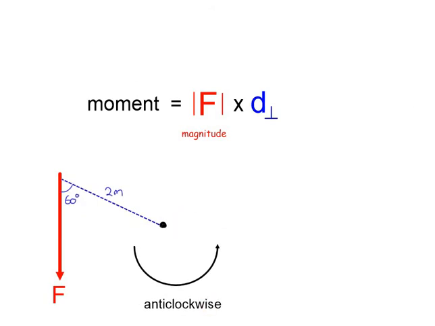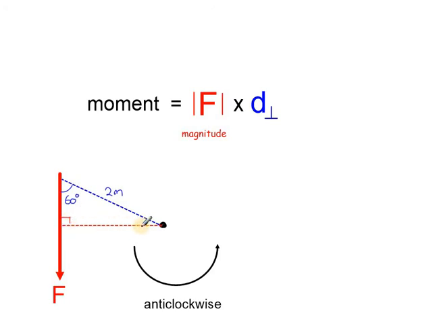So in this example we can see that the distance here, 2 meters, it's not the perpendicular distance between the pivot point here and the force line here. At that angle 60 degrees, it should be 90 degrees. So to draw the perpendicular distance, I need this line that creates a right angle right there on the force line.